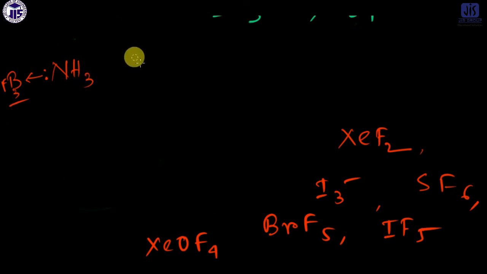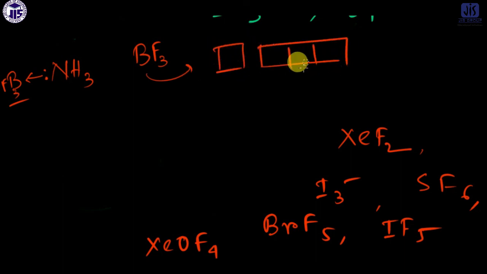Okay, like if you think about BF3, I already discussed in the compound of BF3 what is the hybridization. The hybridization looks like in this way. Okay, so here it is 1 1 1 and 3, here 3 F formed covalent bonds.